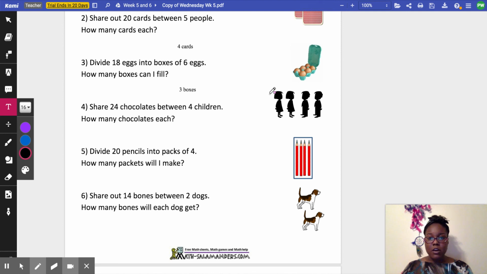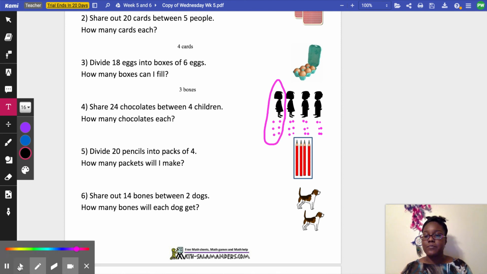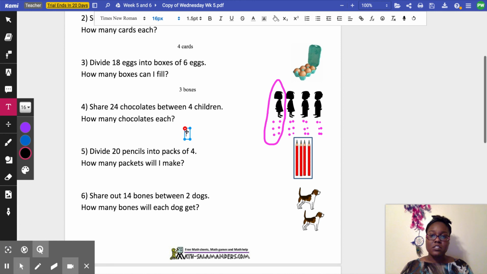I'm going to give 1 chocolate to each person until I get to 24. 1, 2, 3, up to 24. So it says, how many chocolates does each person get? Well, let's see. How many does this one have? 1, 2, 3, 4, 5, 6. So 6 chocolates.